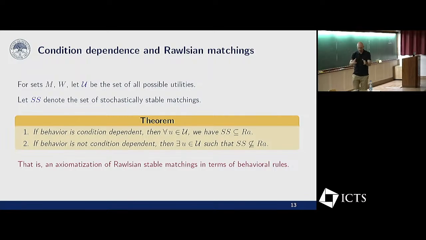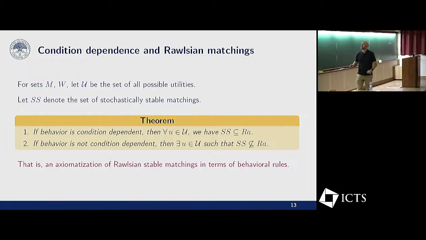But yes, back to your question, if there's only one stable matching, then of course it would be the Rawlsian stable matching, and so you could have another perturbed pairwise best response dynamic. For example, you could have something based on logit, or based on probit, or based on uniform mistakes, and that would also take you to the Rawlsian stable matching, because there'd only be one stable matching, which would be Rawlsian stable.